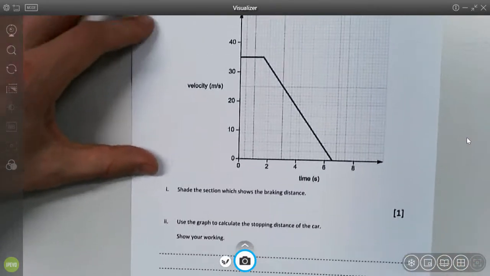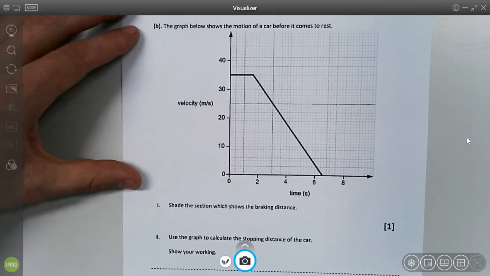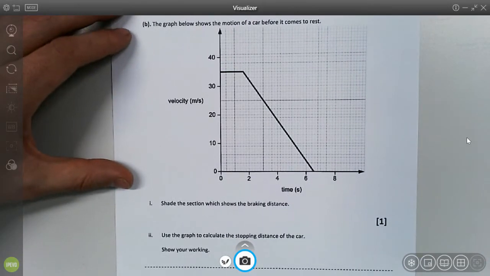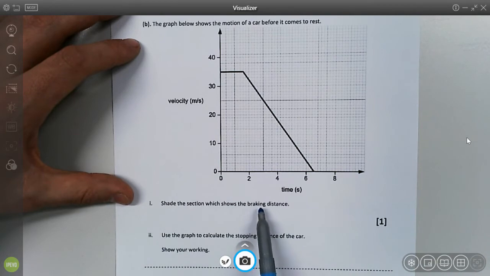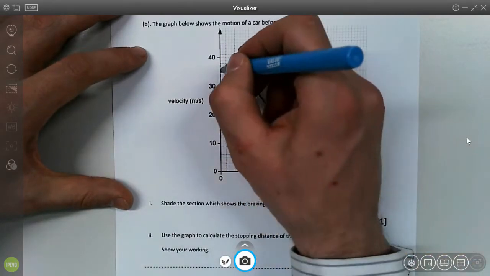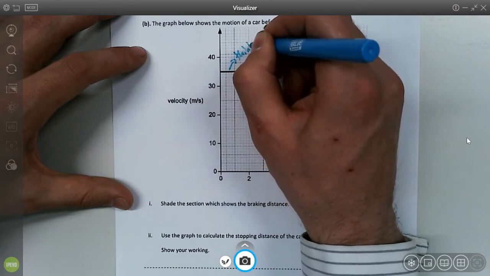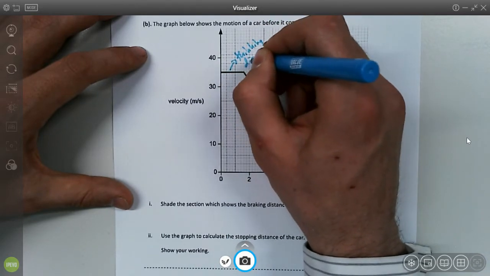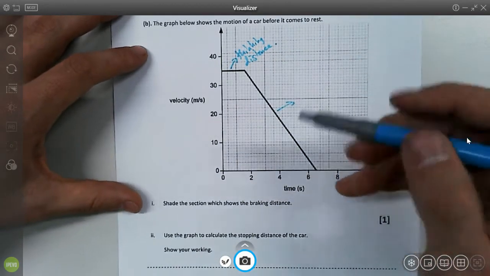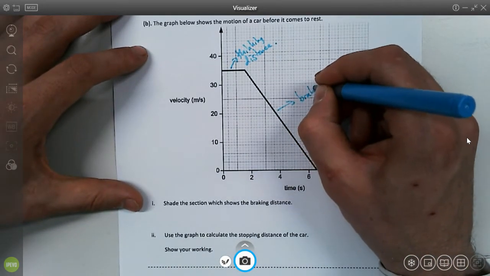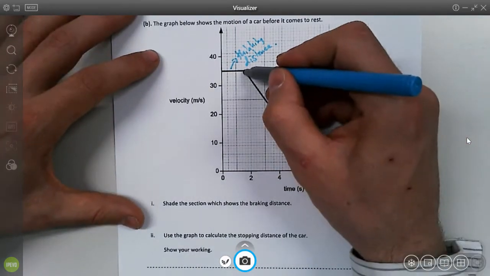Okay, final question. Pause the video now and try this question. Show the section which shows the braking distance. So we've got two sections here. We've got the bit where the speed is constant, so this is going to refer to the thinking distance, the distance you travel while thinking, and then the bit where you're slowing down is going to refer to the braking distance.